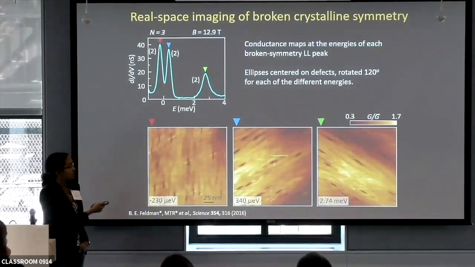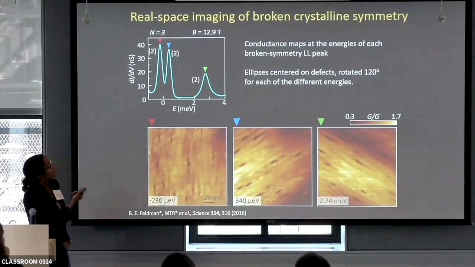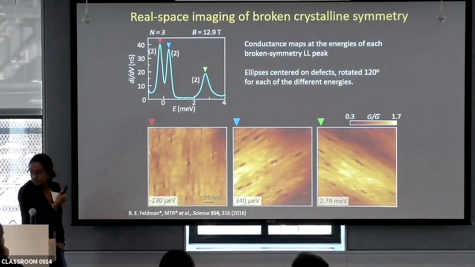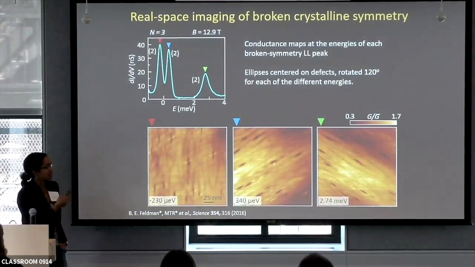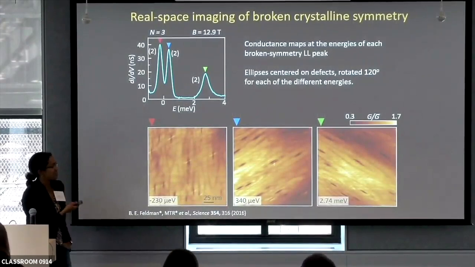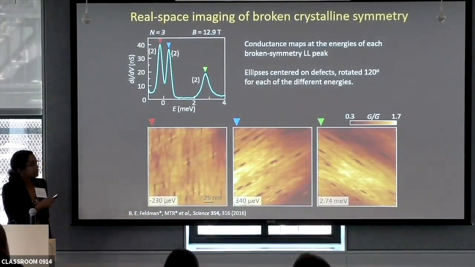We have these, at the different energies, the electronic behavior has some different orientation to it. So this is this manifestation of nematicity that I was talking about. And what these ellipses are is that they're actually individual Landau level wave functions pinned to defects that I don't have time to go into how we know precisely what they are, but I'll show you a zoom in just around one of these ellipses here.